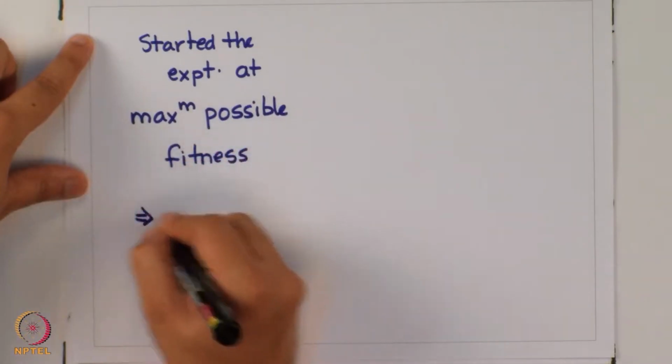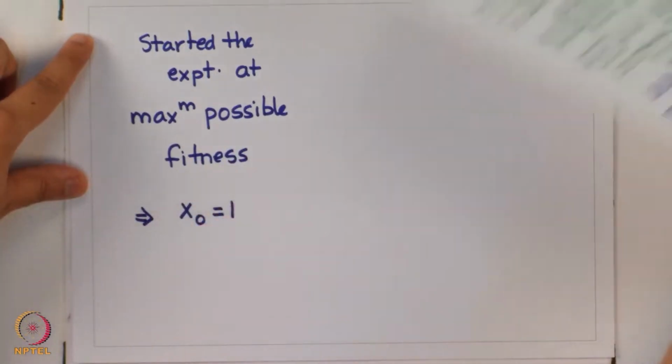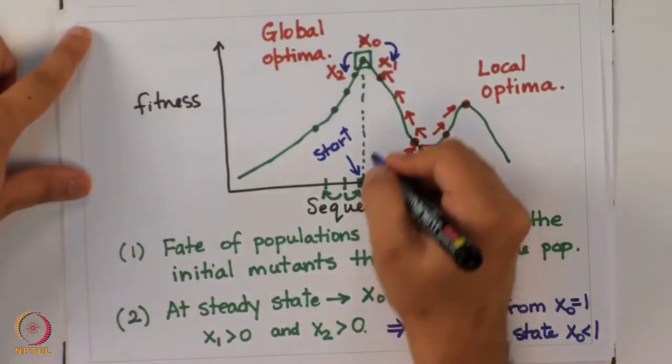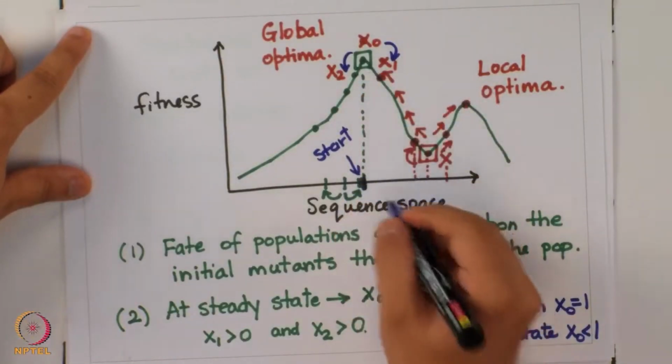at maximum possible fitness, which implies that x naught is equal to 1, which, if we look at the previous slide here, means all the individuals of the population were carrying this particular genotype.